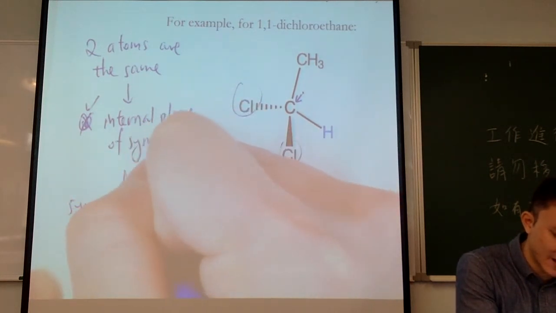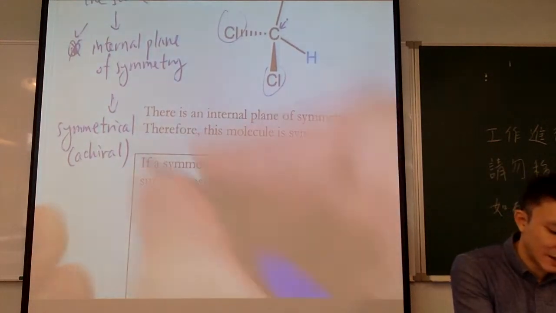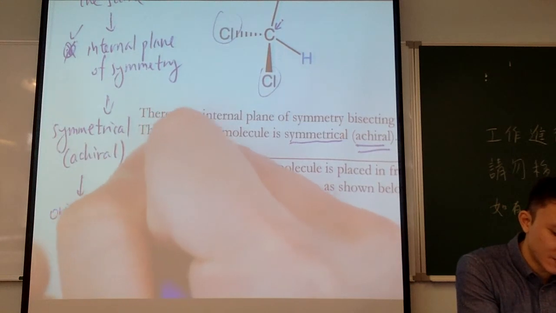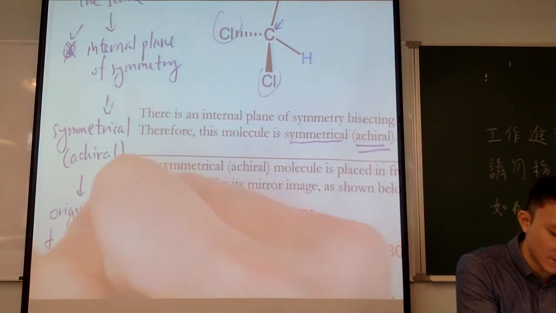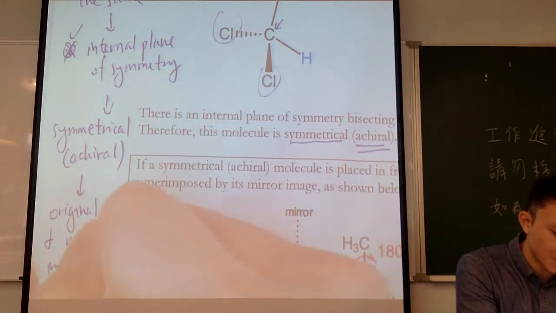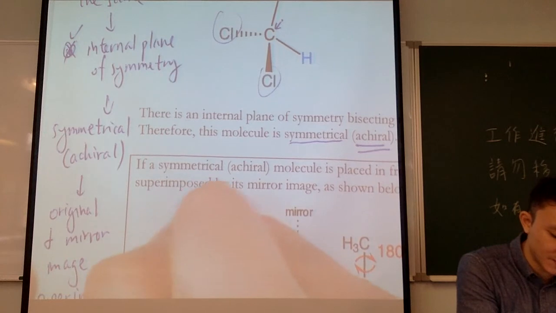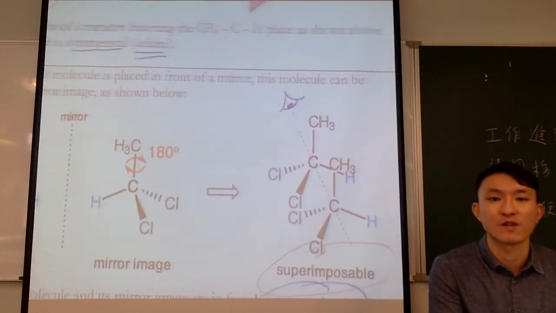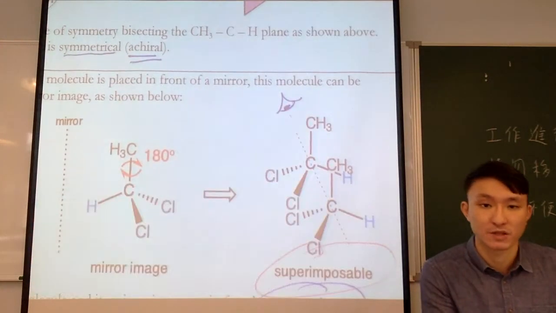or we can use the word achiral. And therefore, the original and mirror image are superimposable, which is referring to this. The original molecule and the mirror image are superimposable.